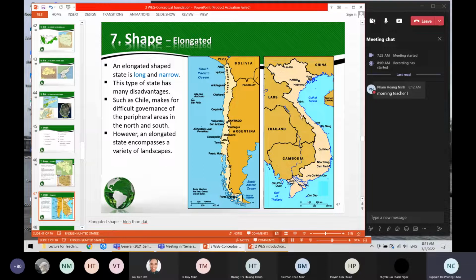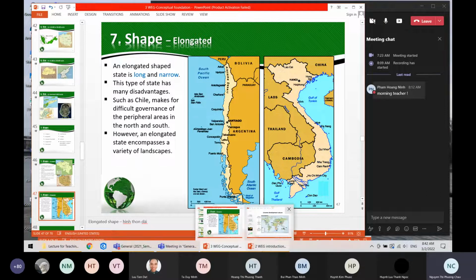You see, long and narrow, based on long, the nation may extend across several latitudes and longitudes.